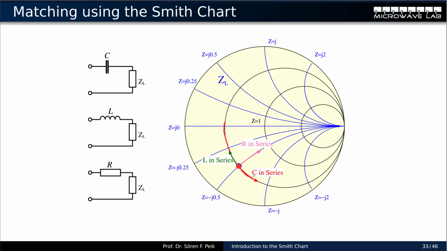That's why you move down here. When you put an inductor in series, you move up because the real part stays the same, but the imaginary part increases. When you put a resistor in series, the imaginary part stays the same, but the real part becomes bigger and you move along that line. You cannot move in this direction because that would mean a negative R.